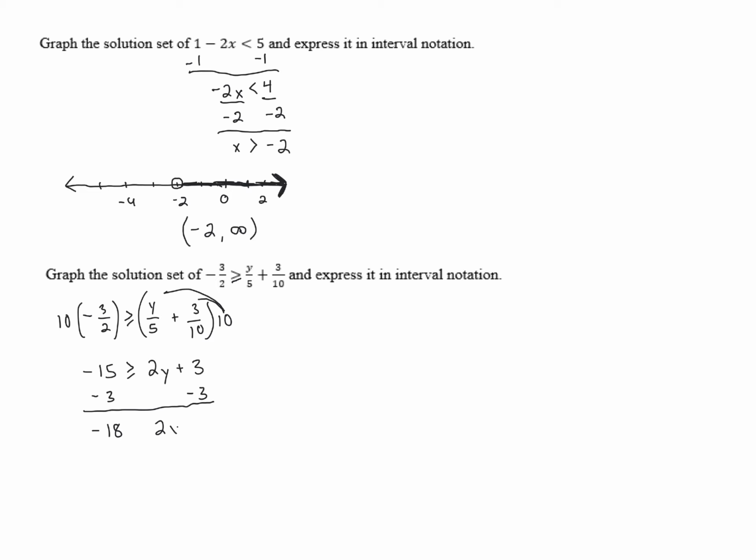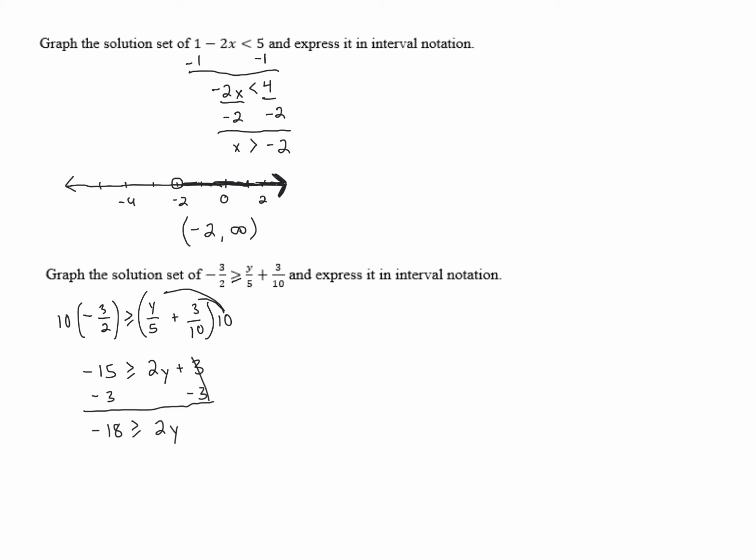On the right-hand side, the 3's cancel, just leaving us with the 2y. And the inequality sign is not going to flip because we've subtracted a quantity. When we're adding and subtracting, it doesn't flip. It only flips if we multiply or divide by a negative number.